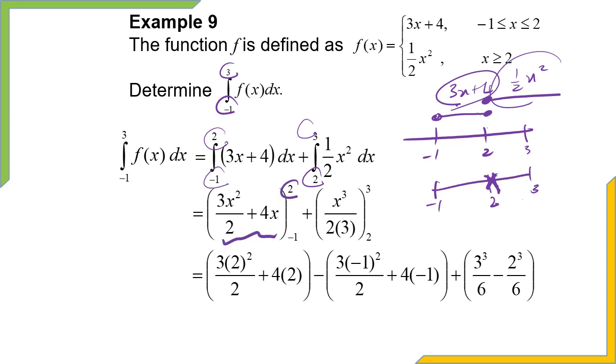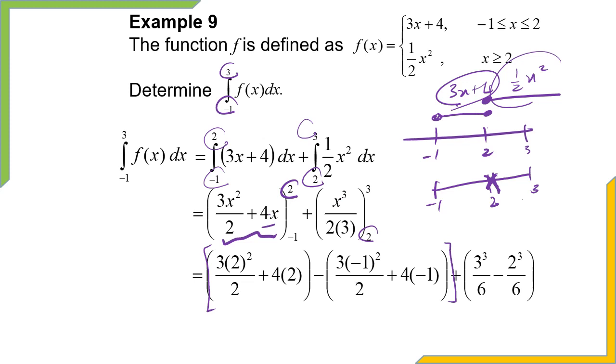So 3 of 2 squared over 2 plus 4 of 2, and then minus 3 of negative 1 squared over 2 plus 4 of negative 1. So this is together for the first function. And then the second function is substitute 3 cubed over 6 minus substitute 2 cubed over 6.